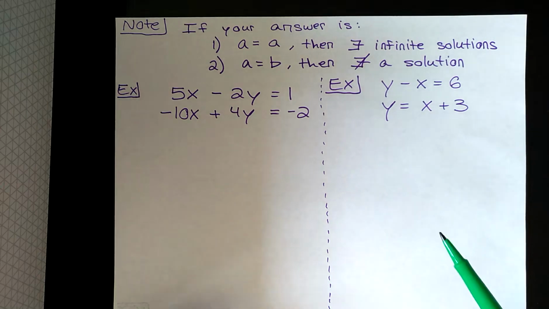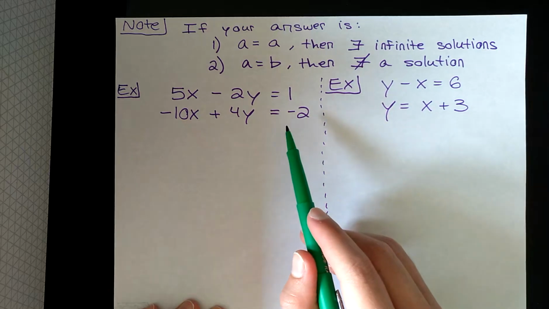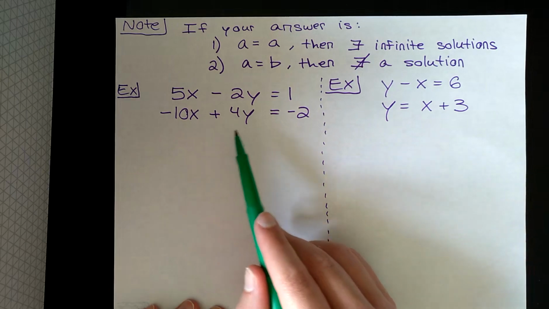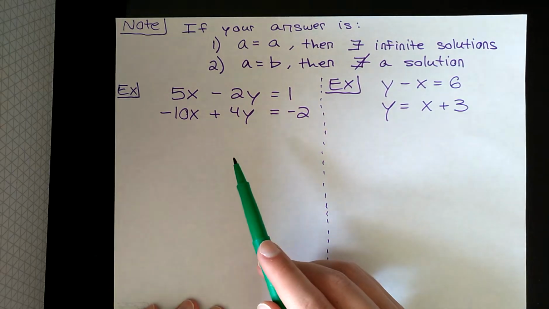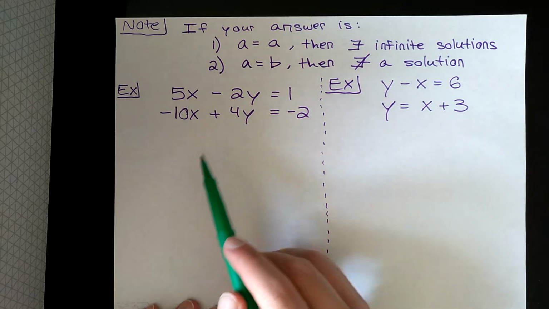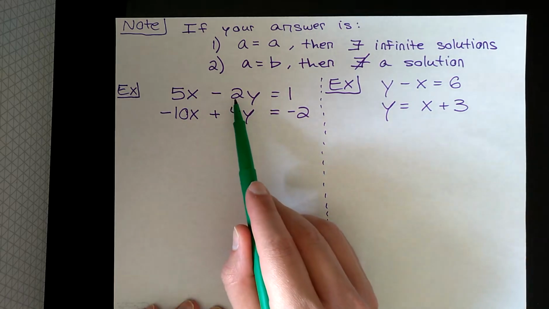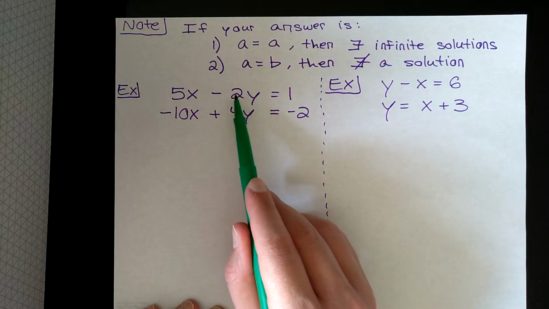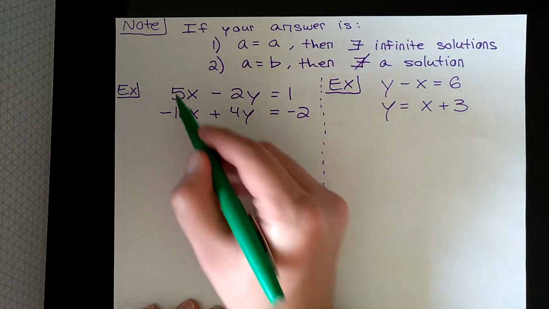Okay, so trying these together, you can use either method you prefer, the addition method or substitution method, and it's worth noting that sometimes you need to figure out which one will be easier to use. For instance, in this first example, the addition method will be easier since it's all lined up, and we can quickly see that if we multiply the top equation by 2, we will get an opposite value for our y's, negative 4 and positive 4.